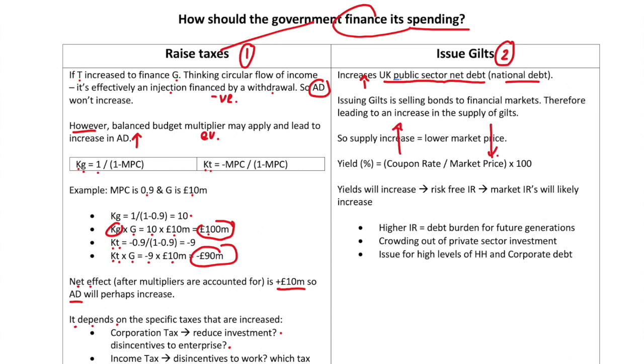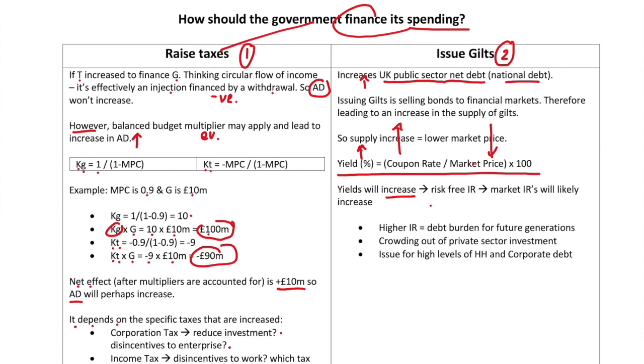Now, if we think about the financial market formula, that we must know that yield as a percentage is effectively just the coupon rate divided by the market price all times by 100. Well, if your market price here, as we've calculated because of the supply increase, has gone down, well, if that number there goes down, it's going to lead to your yield increasing. So yields are likely to increase.